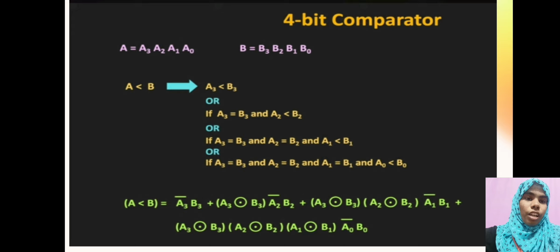In that place we replace it with A3 exclusive NOR B3. The exclusive NOR gate formula is AB plus A bar B.